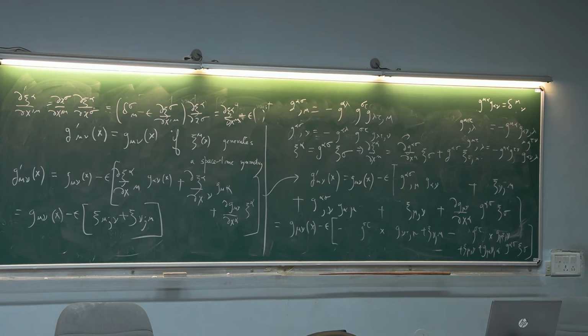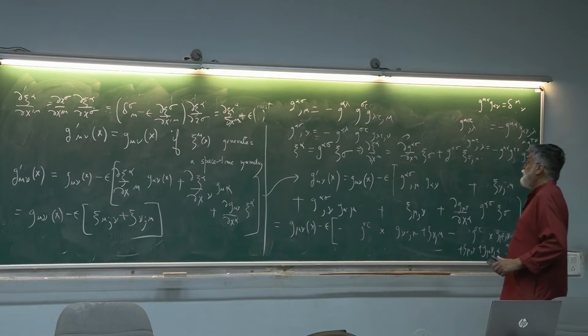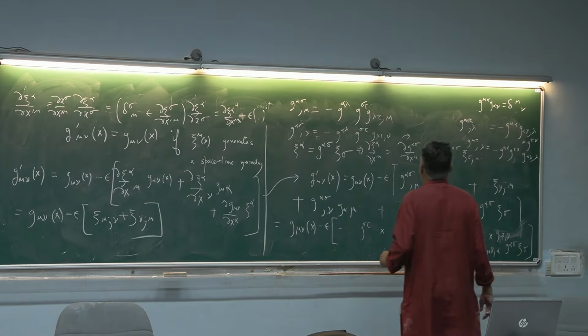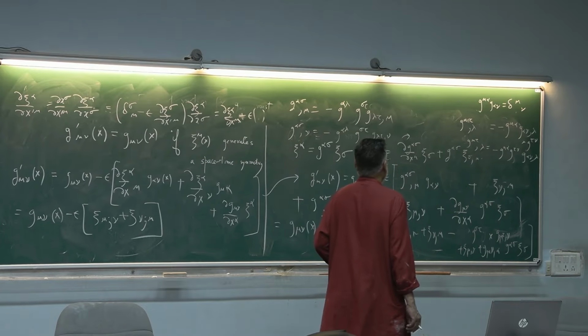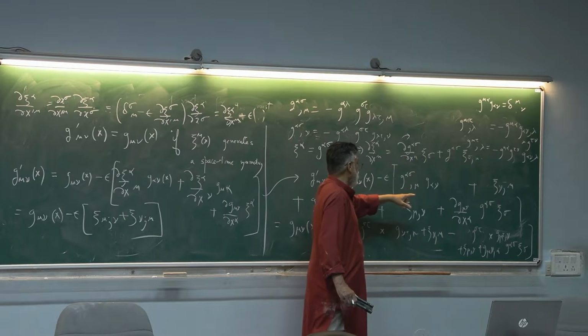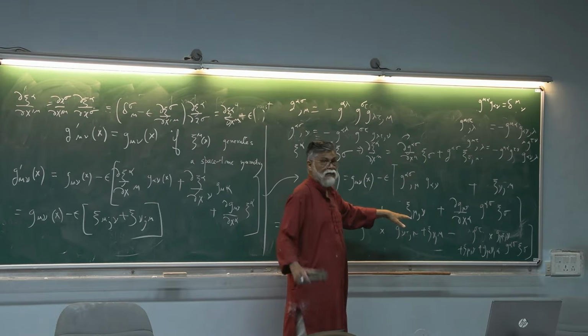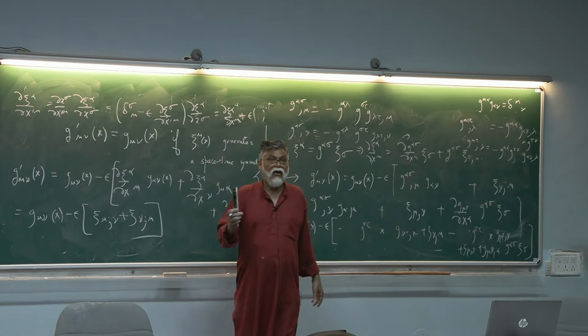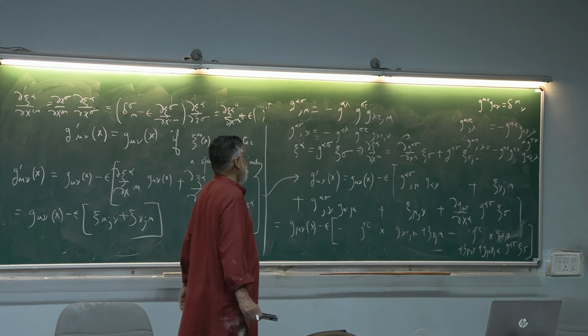Oh, by the way, there were zetas I have forgotten to include, because these derivatives had zetas, no? So there were zetas hanging. Due to some reason, I forgot to include the zetas.